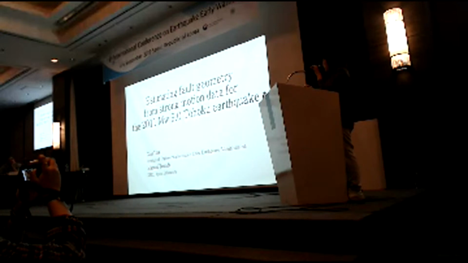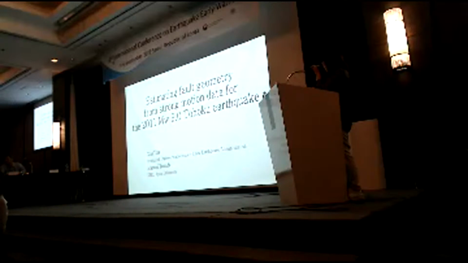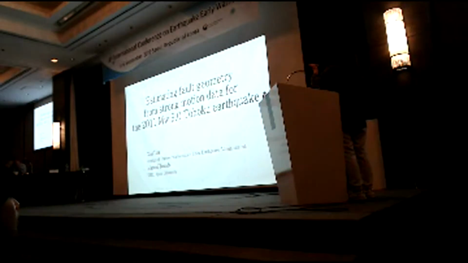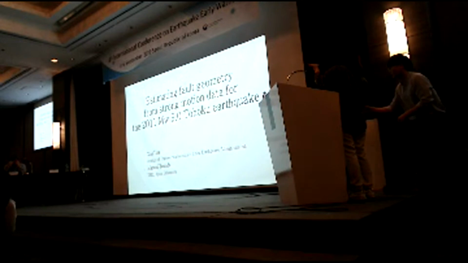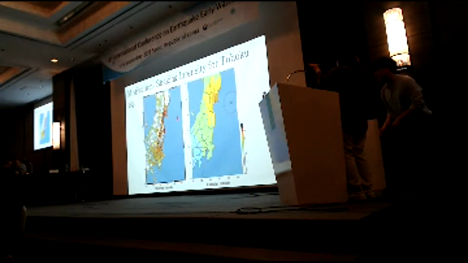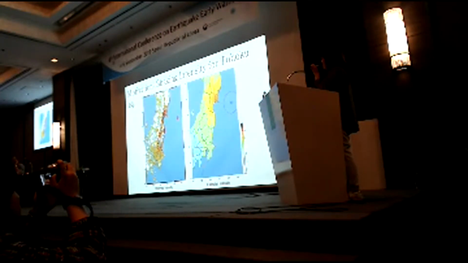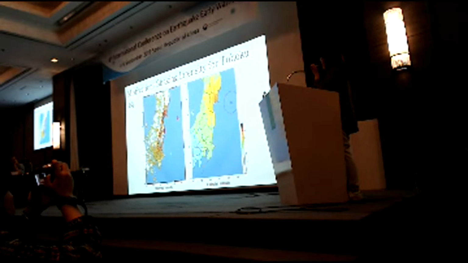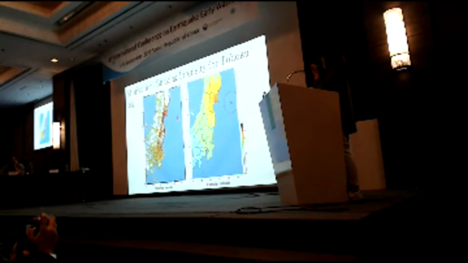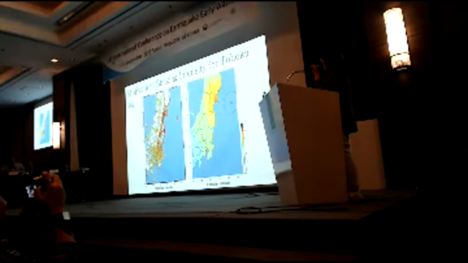So first I will show you this big picture we have shown many times this afternoon. We know that in this area we have the underestimation of the intensity compared to the shaking intensity of the Tohoku earthquake 2011.